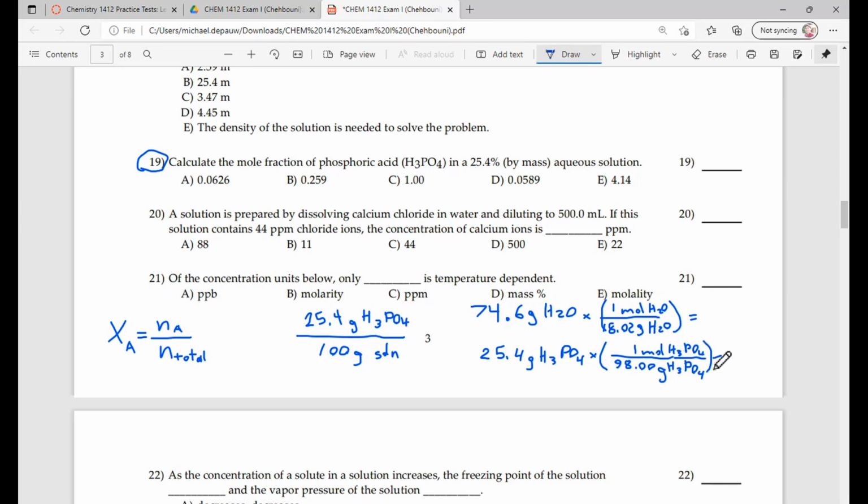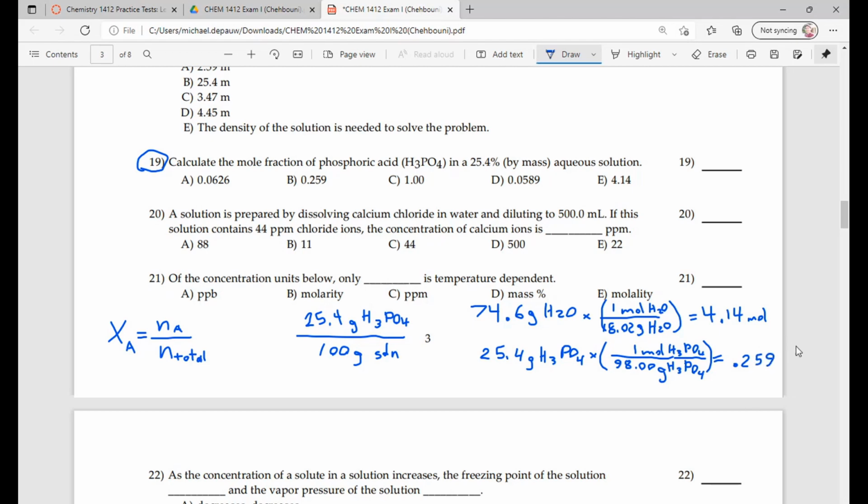So then all we have to do is multiply everything on top and divide by everything on bottom. How many moles of water did we get? 4.13? 4.14, very good. And how many moles of phosphoric acid do we get? 0.259.